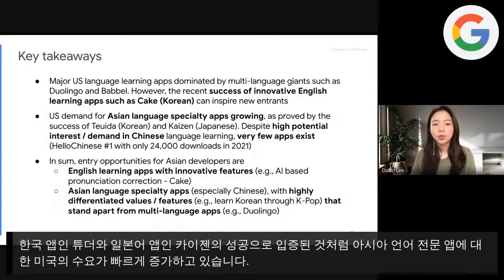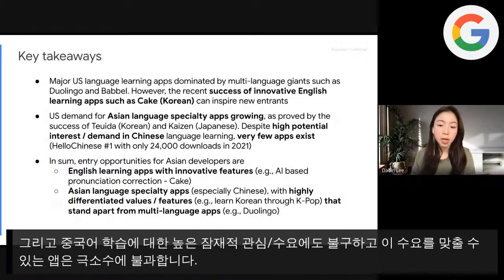Second, the US demand for Asian language specialty apps is fast growing, as proven by the success of Tuda, a Korean app, and Kaizen, a Japanese app. Despite the high potential interest and demand in Chinese language learning, only very few apps exist, so it's a great opportunity to tackle.